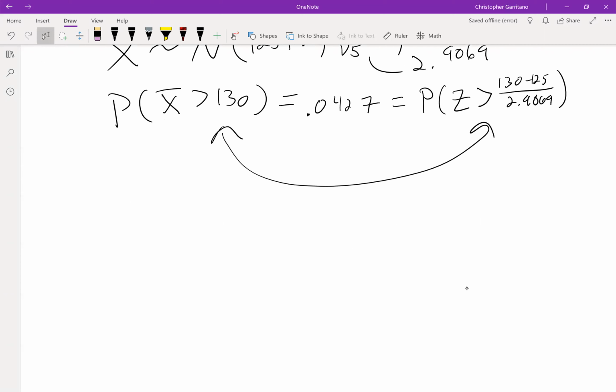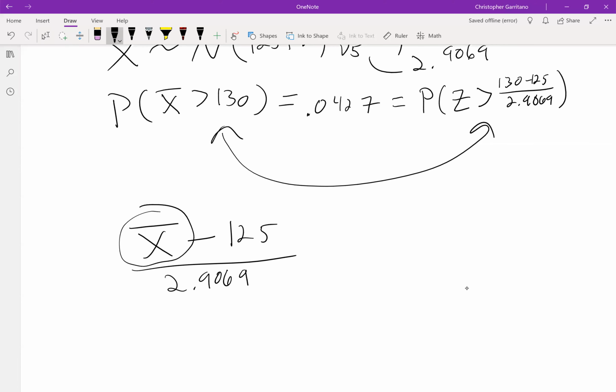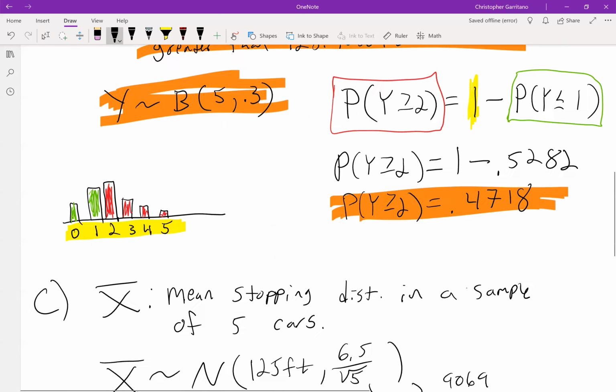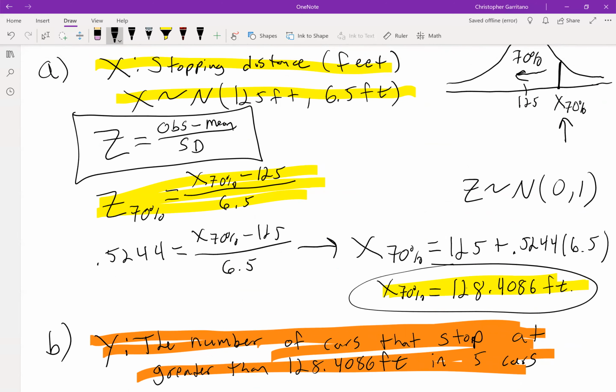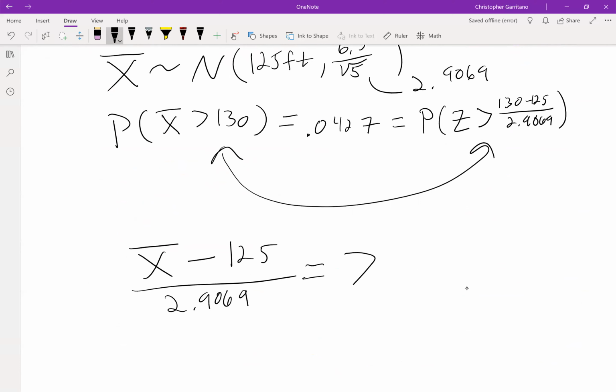We know, let's see, if I take an x bar and I subtract the mean, which is 125, and divide by the standard deviation, which is 2.9069, what is that equal to? Where have we seen that before? Some observed value minus the mean over the standard deviation. What is this equal to? Let's go up here. Take a look. That is exactly equal to z, right?